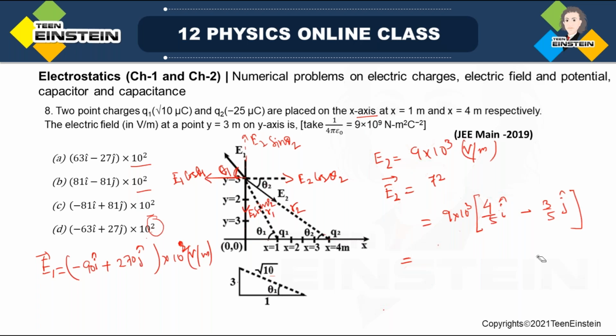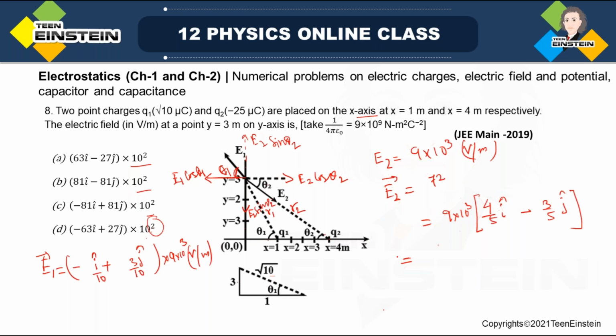Okay, we have made a small mistake in the calculation of this. Actually, there will be 10 down. So here it is 10 and here it is 3 by 10, if I remember. Yes, so 3 by 10.